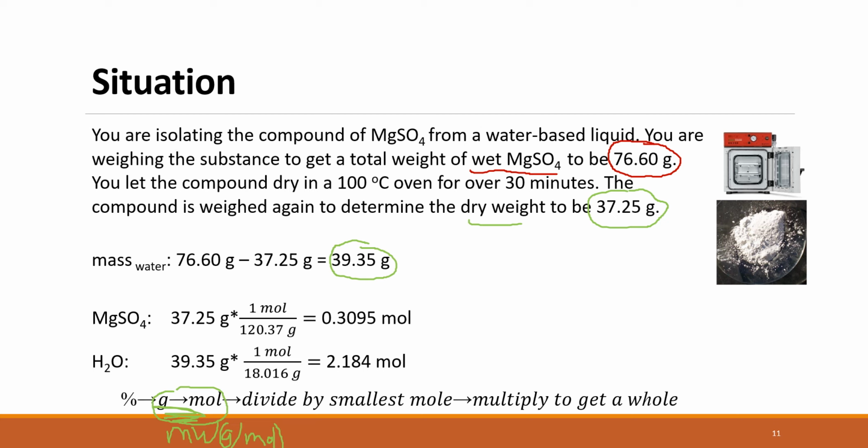So for the magnesium sulfate, we convert that to moles by dividing by the molecular weight of magnesium sulfate. That way grams and grams cancel and we're left with moles. Water, same thing. We take the mass of the water by itself, which we calculated up here at 39.35, and divide it by the molar mass of water, which was 18.016, to get the molar amount of water.